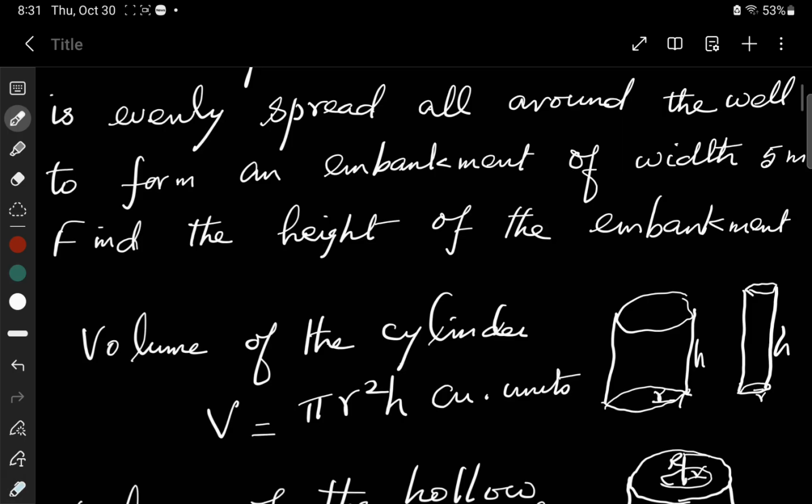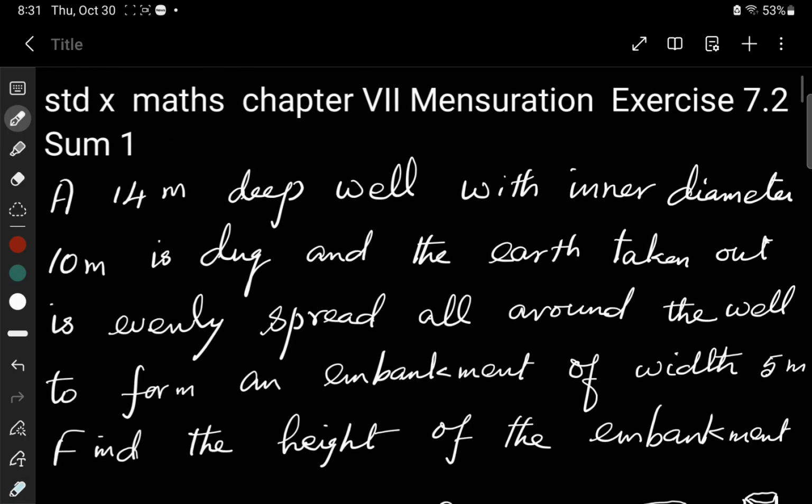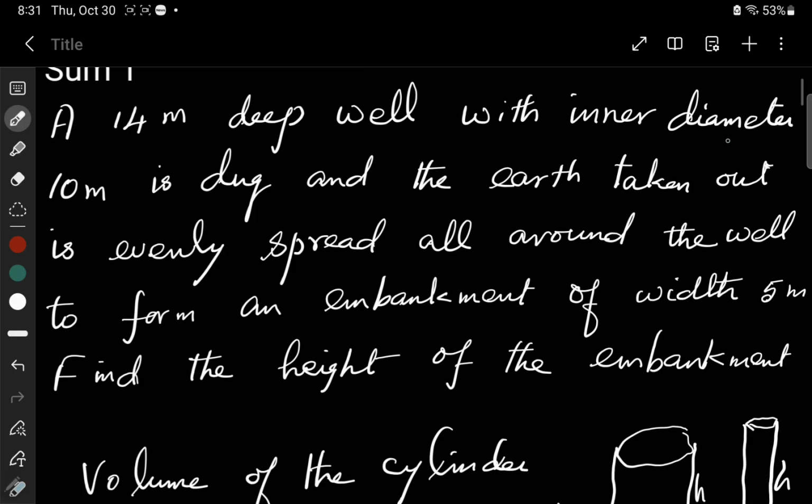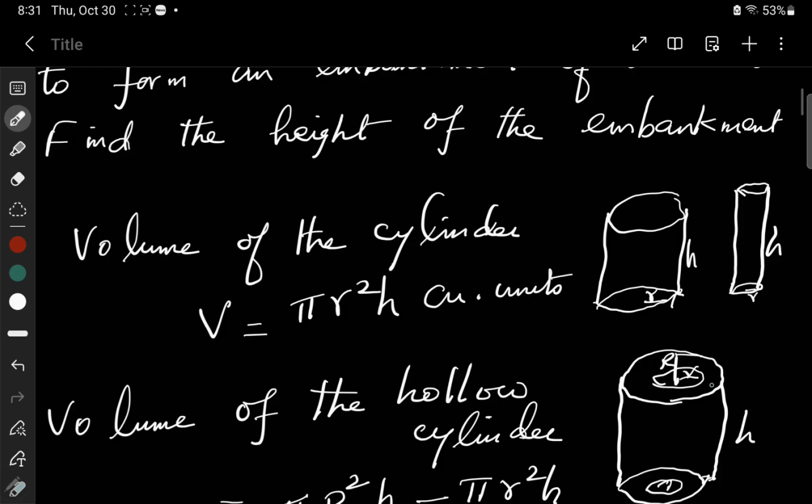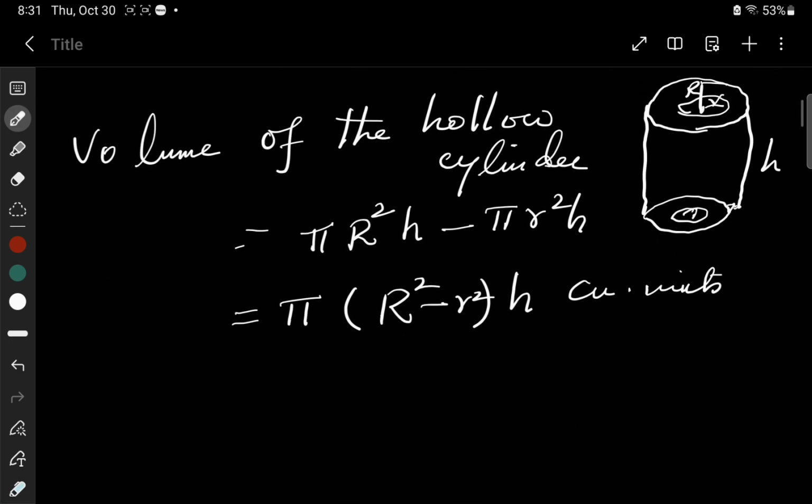The interior gives one cylinder, and the outer part gives another cylinder. The inner diameter is 10 meter, and the earth taken out is spread all around the well to form an embankment of width 5 meter. Actually, the embankment is the wall around the well. Inside the well you get the hollow part with water, but around that you get the wall. So that is the hollow cylinder.